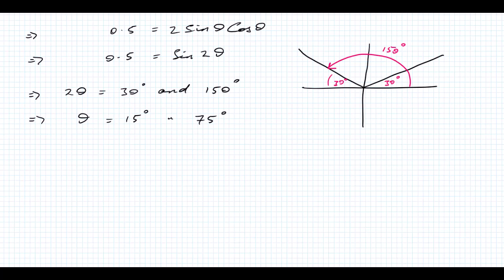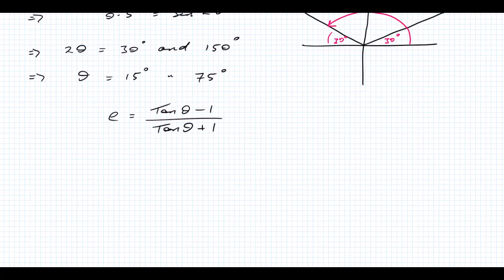Now, from a previous question, we've got to work out e. From a previous question, we know that e is equal to tan theta minus 1 over tan theta plus 1. So let's just stick our 2 angles in there to work out e. So let's take theta is equal to 15 degrees.